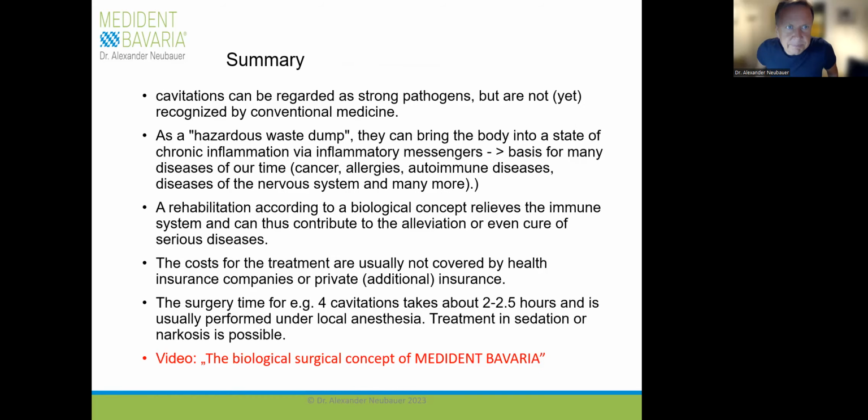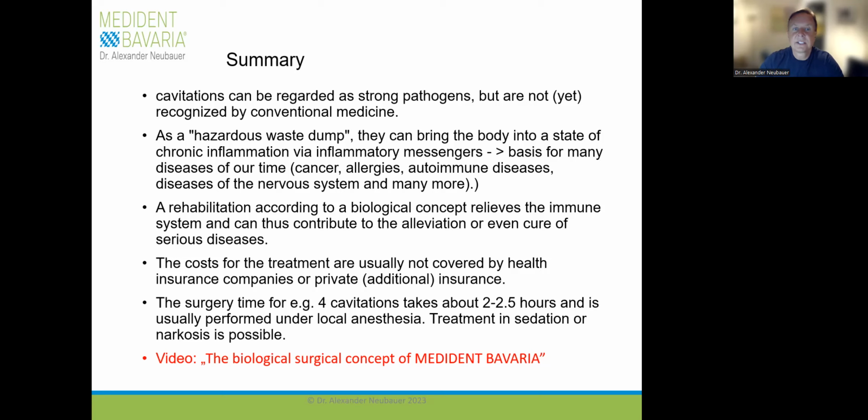So, summary: what was the most important? You should remember cavitations can be regarded as strong pathogens, but are not yet recognized by conventional medicine. This is the reason why you should visit a biological dentist, a specialist in this field, because he can help you in diagnosis and in therapy.